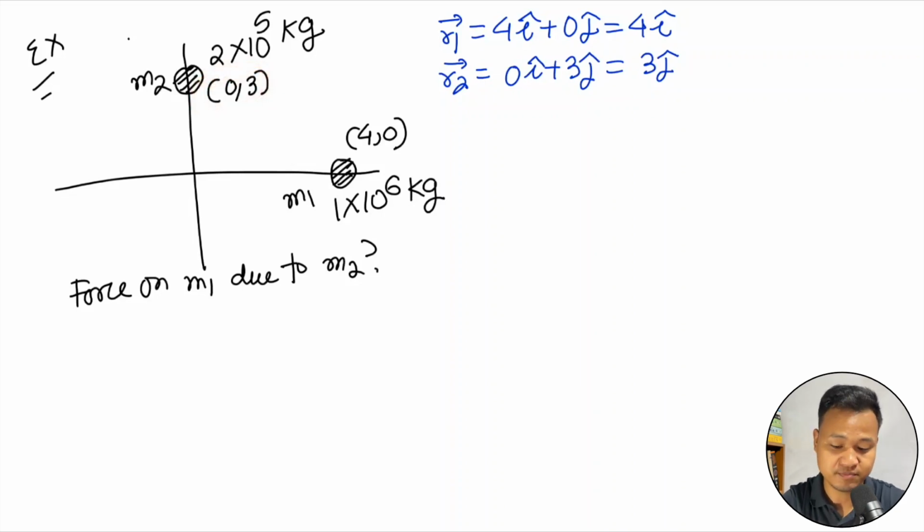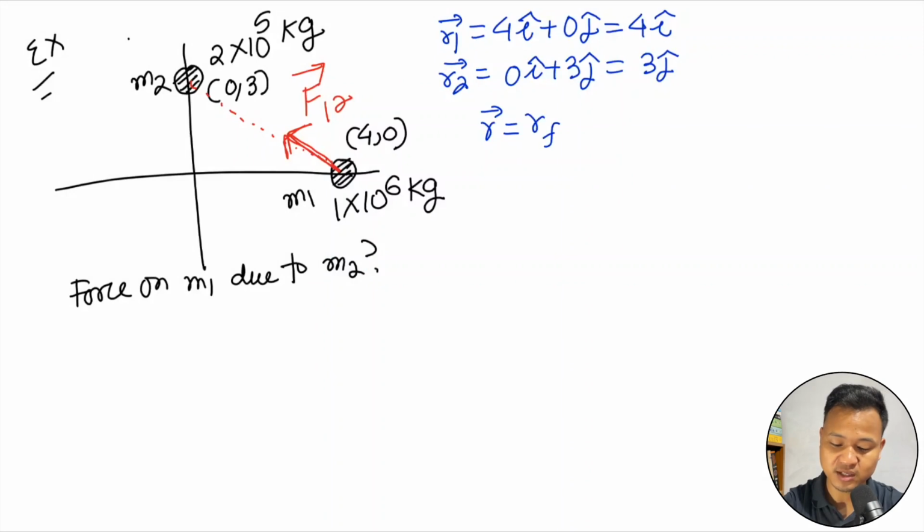We have the positions. Now for the force, 1 due to 2, between them this is the separation. So if you are 1, how will you feel when 2 is pulling you? Okay, so that means in this direction towards m2. So force on 1 due to 2, the direction is going from 1 to 2. So therefore what will be your r bar?